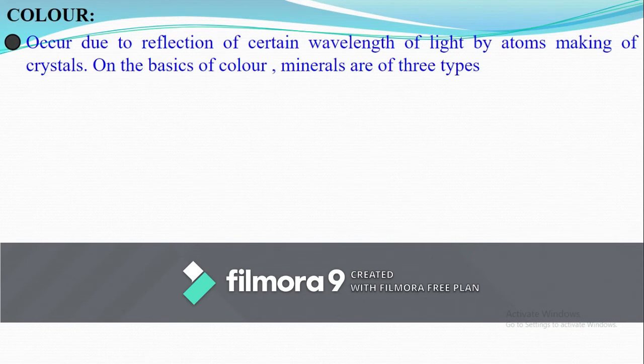Now, one by one, if we discuss the physical properties, the color. Color is one of the important physical properties of a mineral. All of you know the color of a rose is red. What it means is that the flower which is red reflects the red wavelength of the white light and absorbs all the other wavelengths.